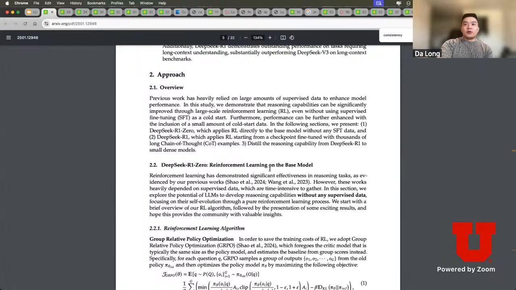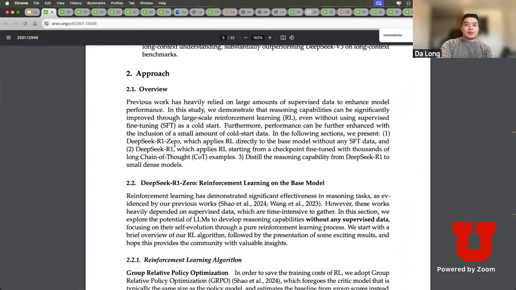Okay, so the first thing they do is develop DeepSeek R1-Zero. This model purely applies reinforcement learning directly to the base model. It means they don't do any supervised training. They just apply reinforcement learning to DeepSeek V3.